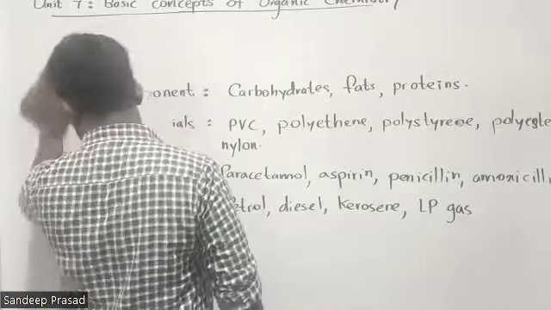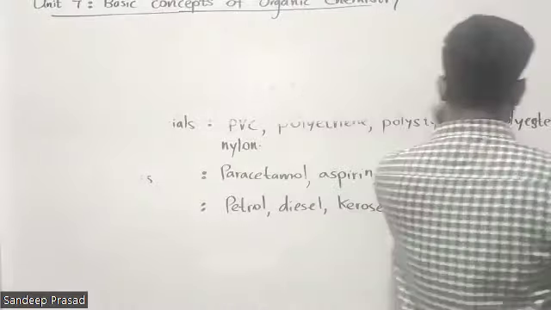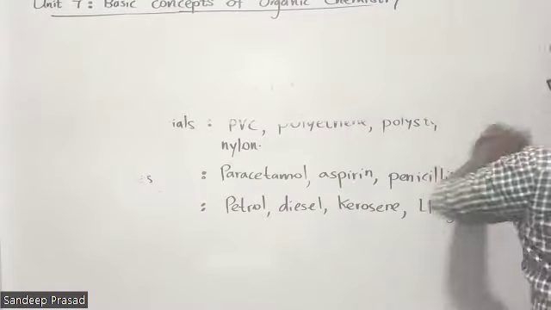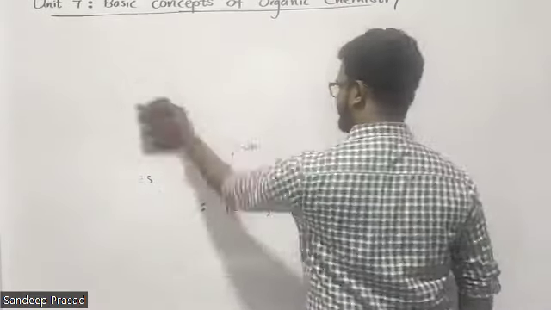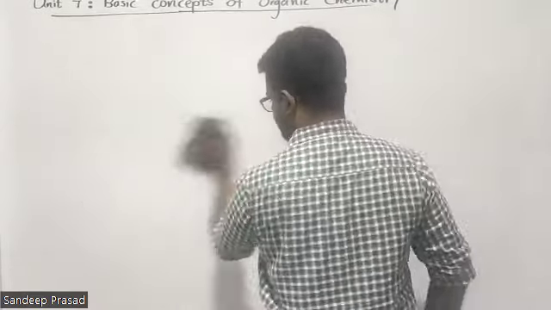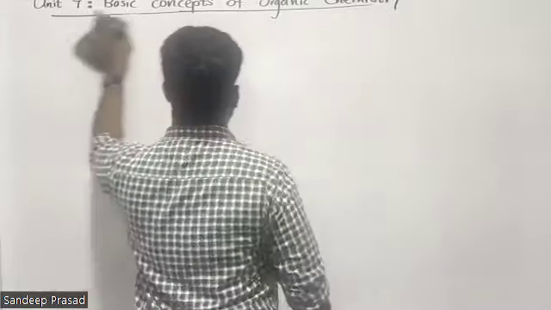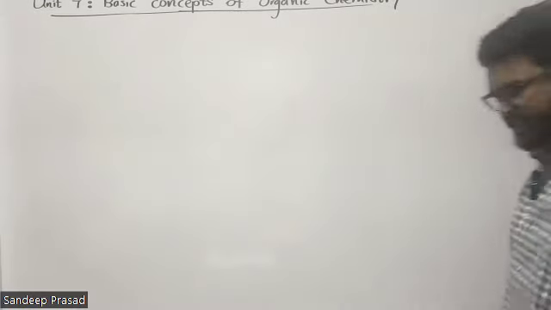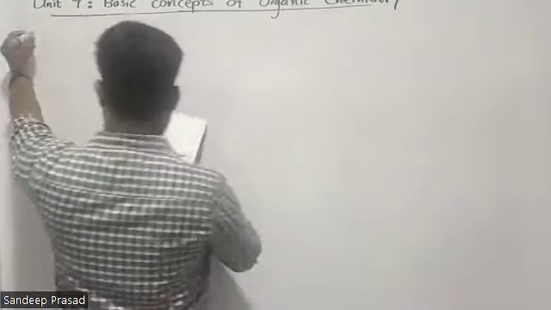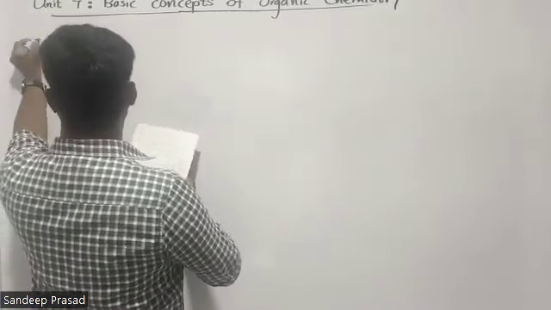Now let's see why carbon is forming this large amount of compounds, right? What is the specialty between carbon and these compounds? Why is carbon forming this large amount of compounds? Look at the first reason they have given.